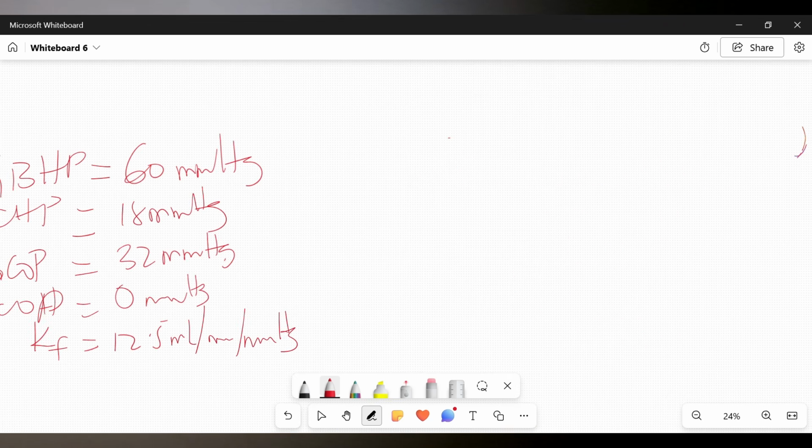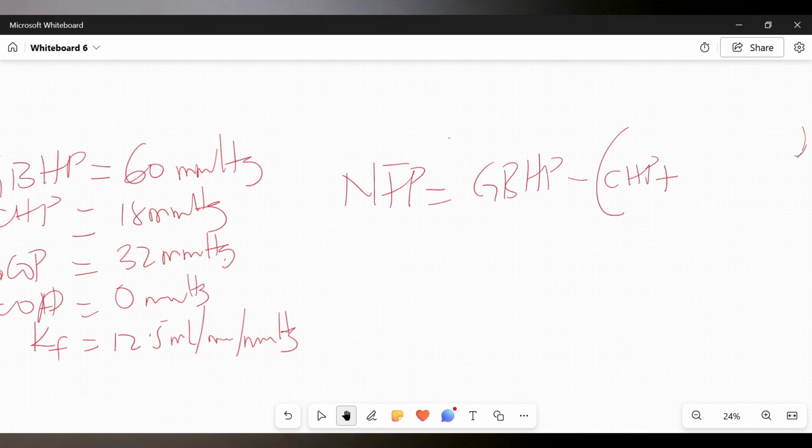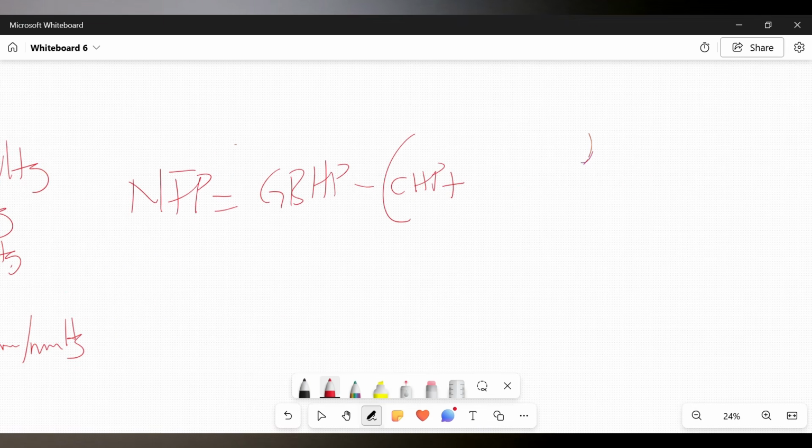So our formula: net filtration pressure is equal to glomerular blood hydrostatic pressure minus the sum of capsular hydrostatic pressure, blood colloidal oncotic pressure or osmotic pressure, then capsular oncotic pressure, which would essentially be 0 anyway.